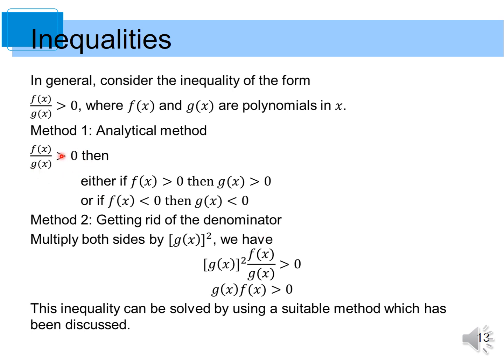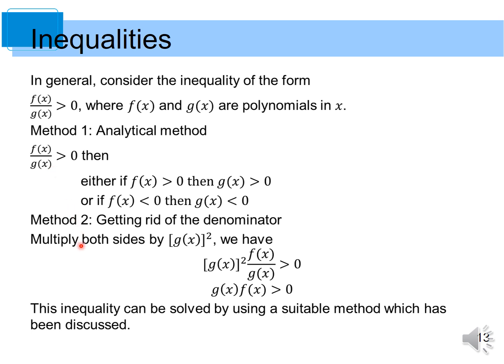If the given rational function is greater than 0, based on our definition, f(x) is positive and g(x) is also positive, so the whole thing is positive. Or we can say f(x) is negative and g(x) is also negative, because negative divided by negative is positive.